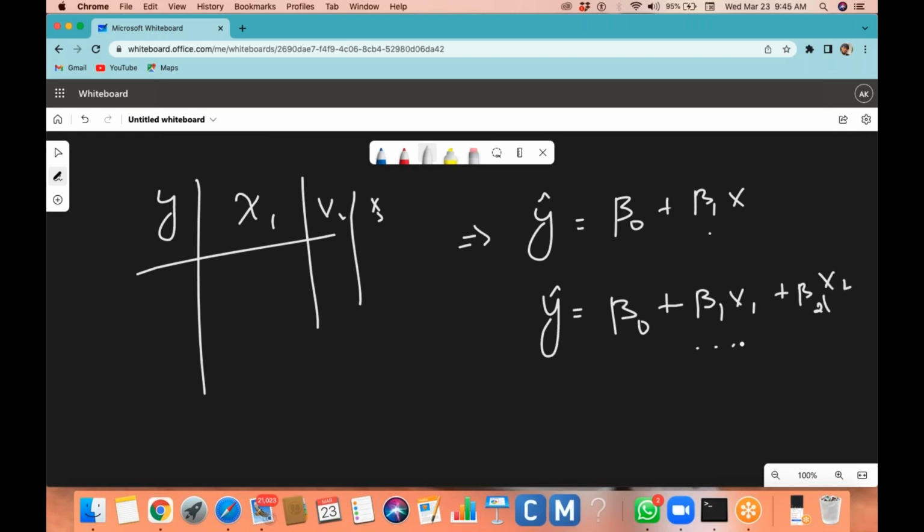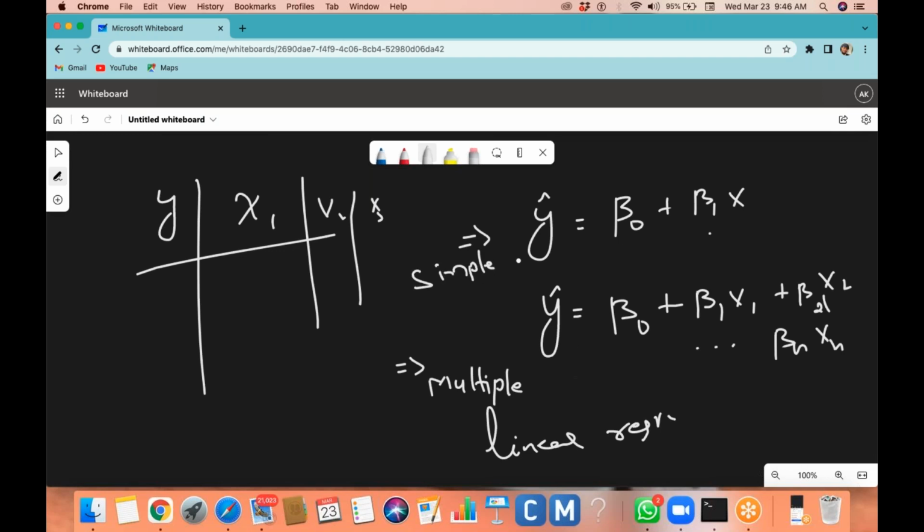If we have n number of inputs, then we have n coefficients. This is the formula for multiple linear regression. This is simple linear regression.